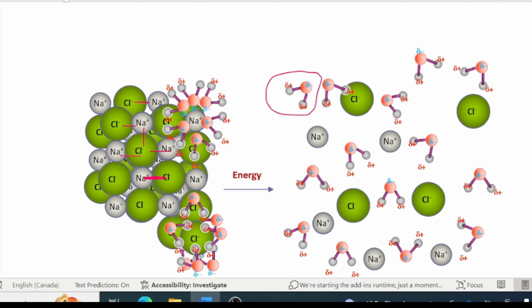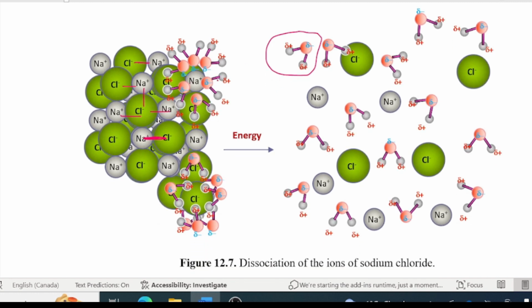Now let us explain what is happening here now. You can see, because of this positive charge here, the water molecules are attracted to that sodium ion there. So you can see how the water molecules are oriented around the sodium ion. The water molecules orient themselves with the negative end towards the positive sodium ion there.